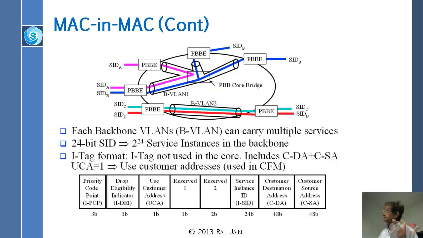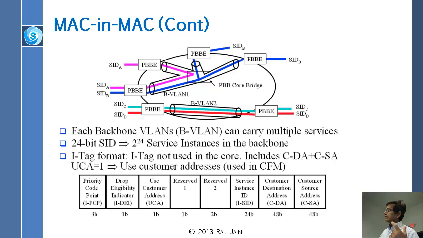They are defined as follows. First 3 bits are priority, and 1 bit is DEI. This is how it was in the case of VLANs. We had 3 bits of priority and 1 bit of CFI or DEI. Then they added these more bits, and they didn't know what to do with these 3 bits, so they are reserved. But there is 1 bit which says use customer address.